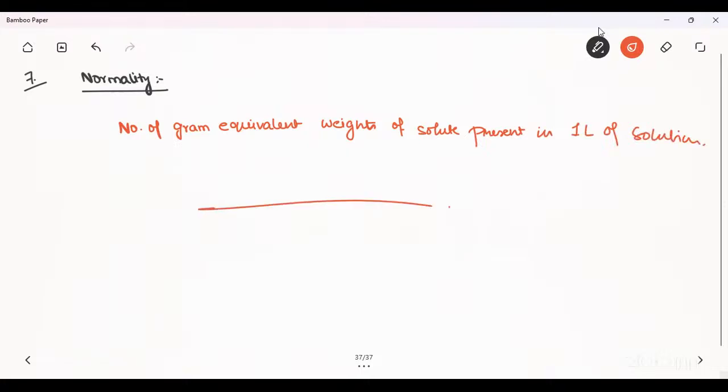Okay, this is the definition. Okay, coming to the next thing. Any other thing has not been asked in this chapter. If anything more has not been asked in this chapter, let's move to the next question paper.